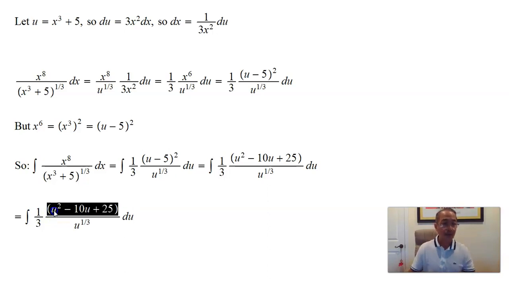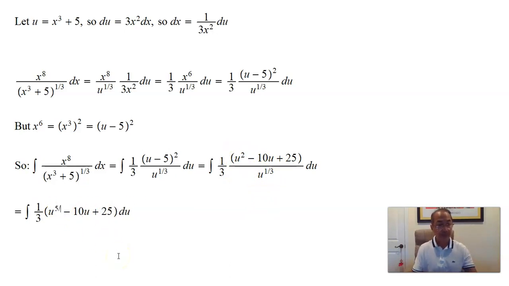Let me do that over here. We are going to work from this. 2 minus 1/3 is 5/3. Then u to the power of 1: 1 minus 1/3 is 2/3, so u to the power 2/3.